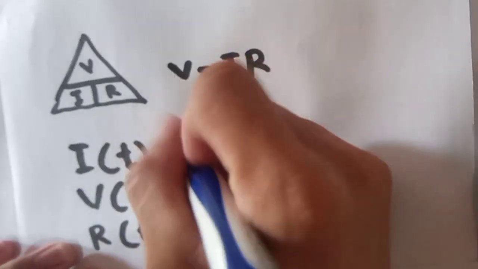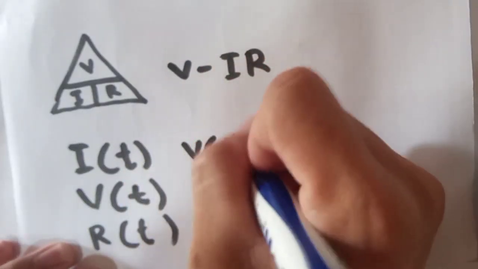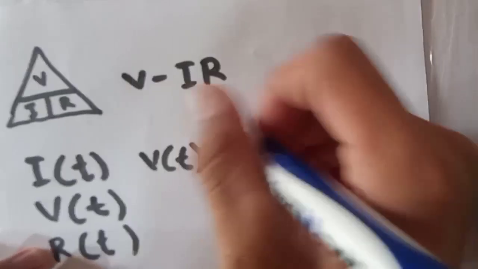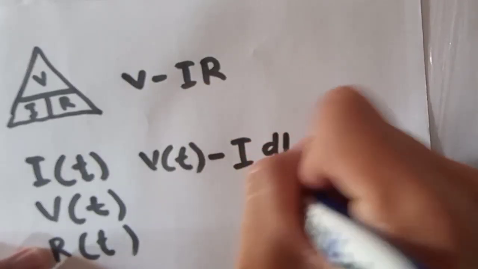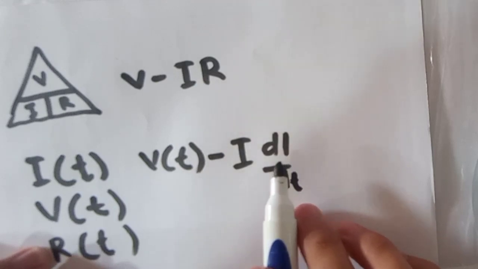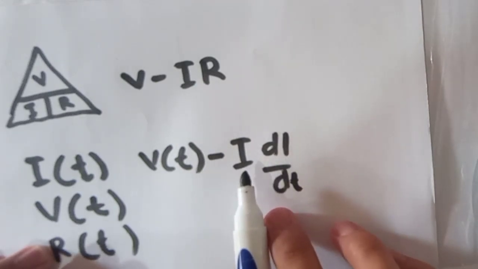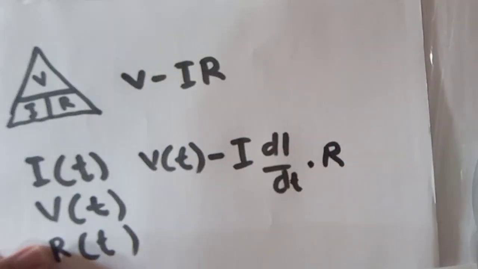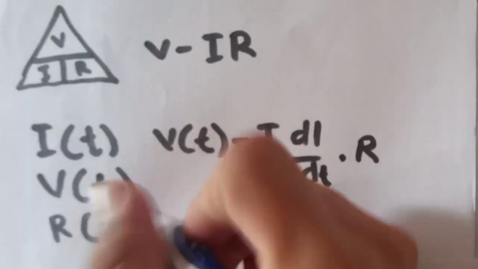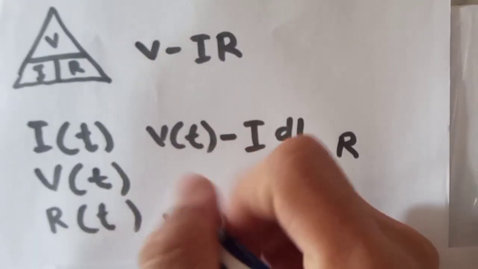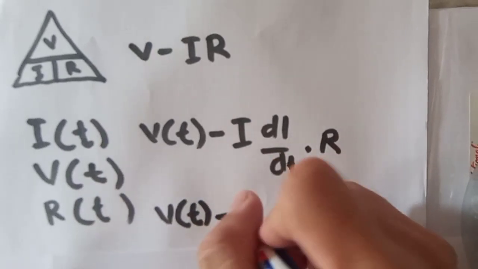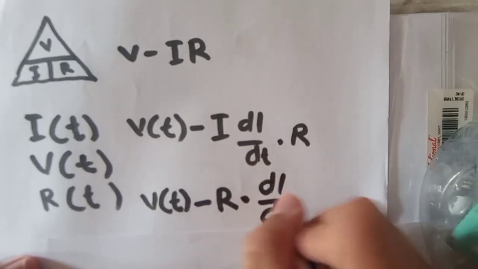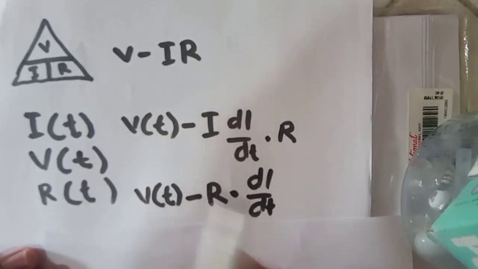As the voltage changes in time, we have the derivative dI over dt, which represents the change in current, times R. This is the resistance times dI over dt.